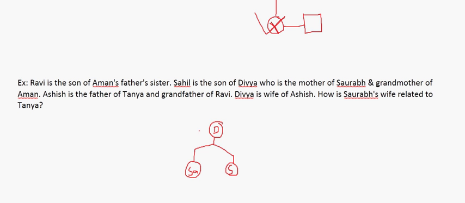Then another statement says Ashish is father of Tanya and grandfather of Ravi, right? So we don't know till now how to draw it further. But then the next statement says Divya is wife of Ashish. So we can construct Divya and Ashish as a couple.